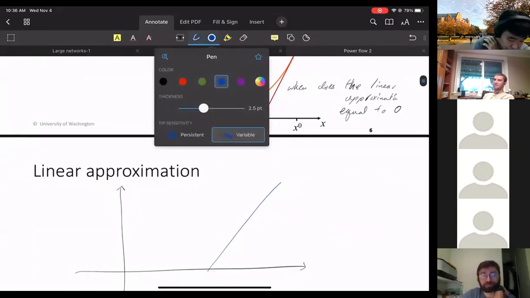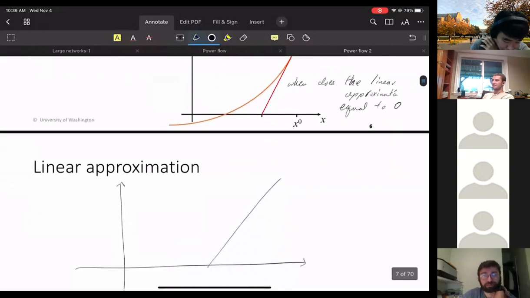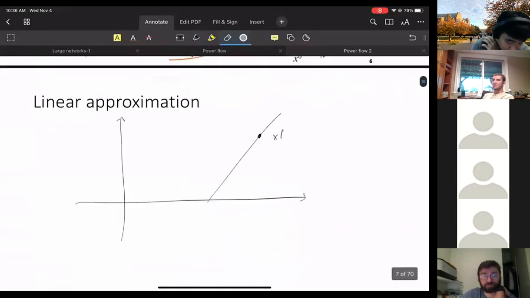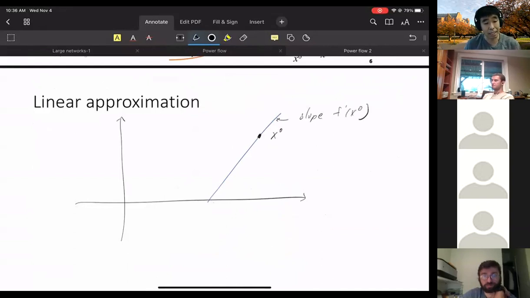And this goes through the point x0, f of x0, and has slope f prime of x0. So it's a line. A line is defined by a point and slope, right? So it goes through f of x0 and has slope f prime, the derivative of f evaluated at x0. Let's call this point x1.